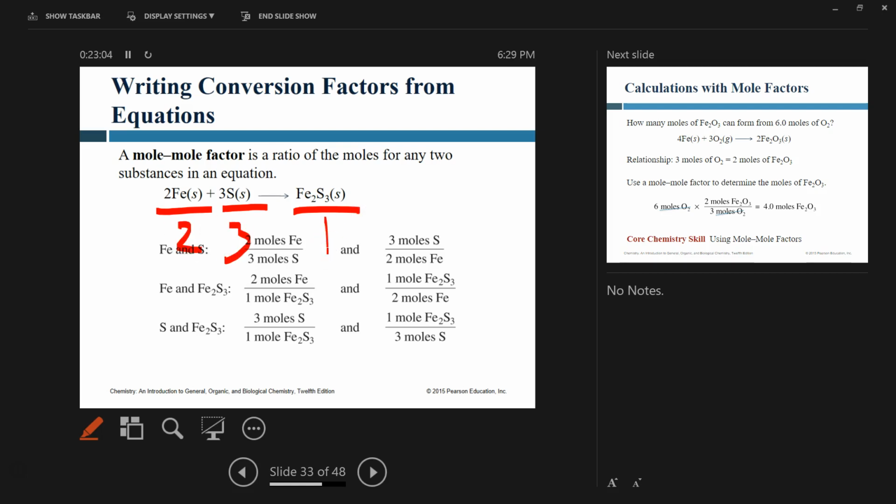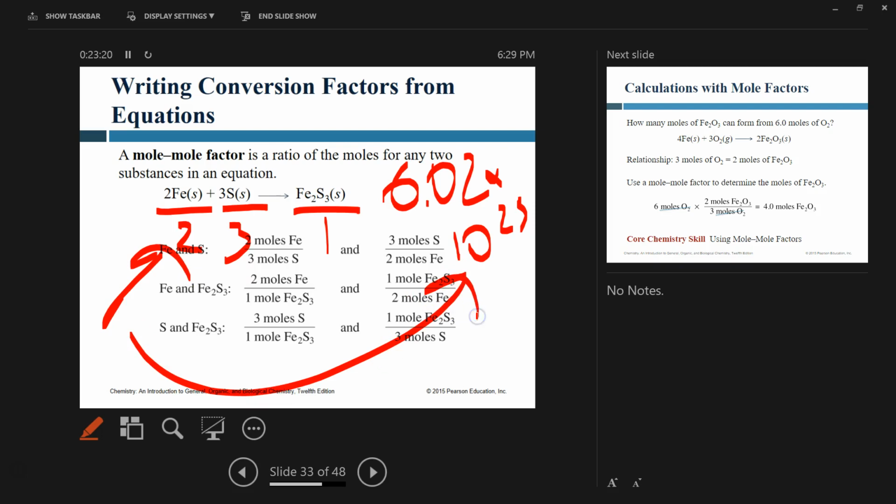Now multiply the number of atoms and molecules by the Avogadro number, 6.02 times 10 to the power of 23. So if you multiply 2 atoms of iron by this number, how many moles of iron are you going to get? Avogadro's number is the mole. You get 2 moles. Does that make sense?